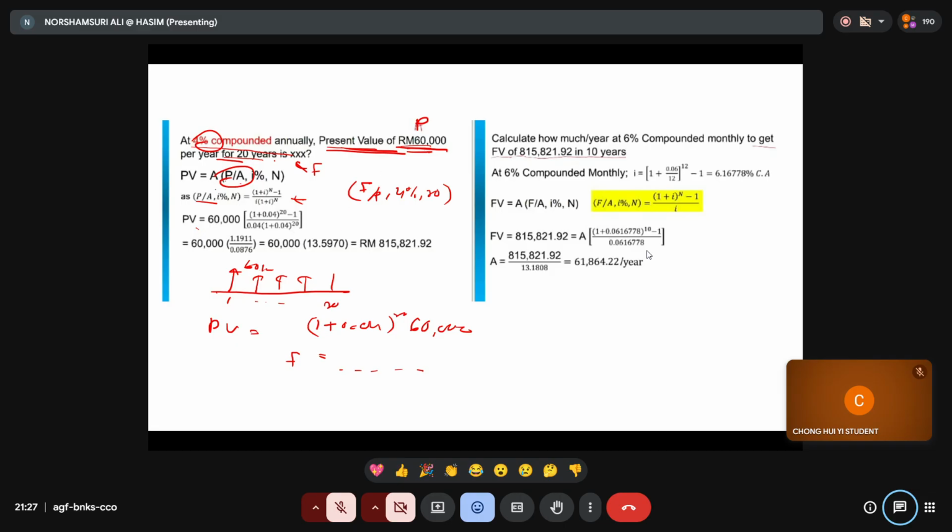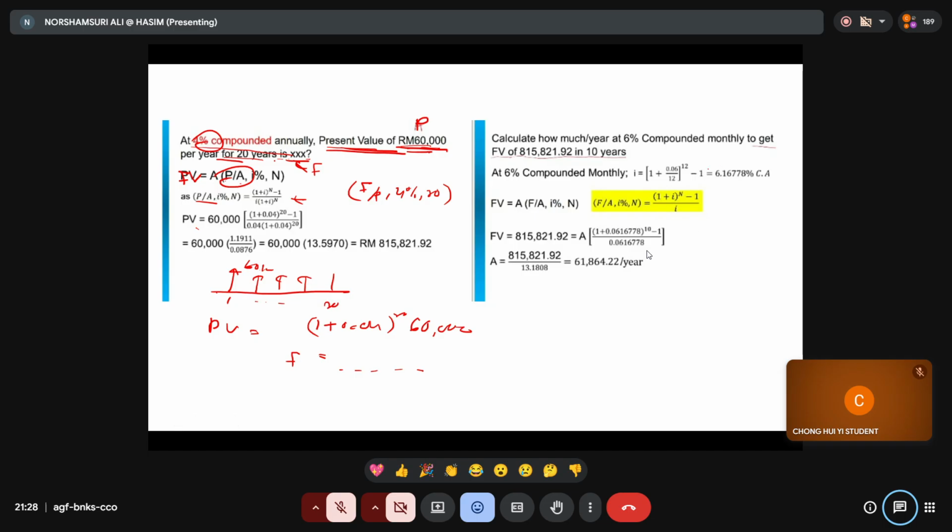If they said they pay annually 60,000, then you can treat it as an annuity, but this is just a present value, so this should be future value, which is the value asked for. That is question number one.